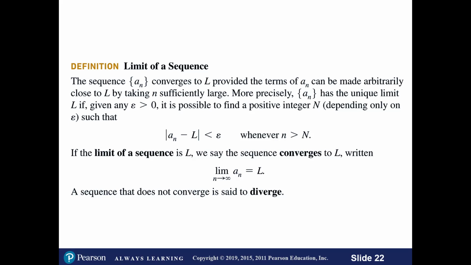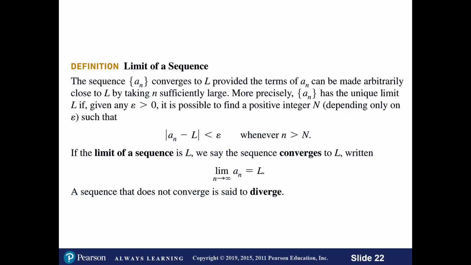A sequence a sub n converges to a limit L, provided the terms of a sub n can be made arbitrarily close to L by taking n sufficiently large. So if for any epsilon greater than 0, I can find a positive integer N such that the absolute value of a sub n minus L is less than epsilon, then L is the limit of the sequence.